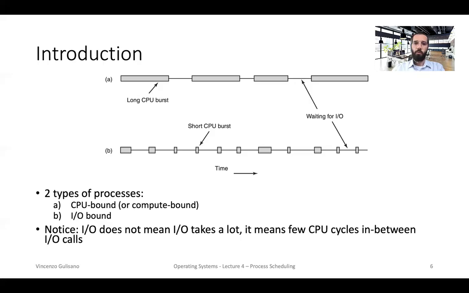When we say I/O bound, it does not mean that it takes a lot of time to do input or output operations. It just means that the frequency with which these processes are requesting input or output is high. So if you schedule such a process, there are good chances that in a relatively short period of time, this process will actually launch a system call because it needs input output. And that means that the process will be moved into the waiting state.